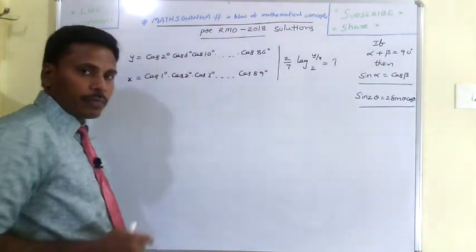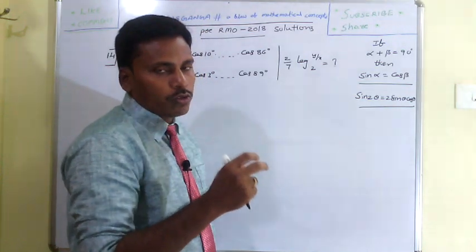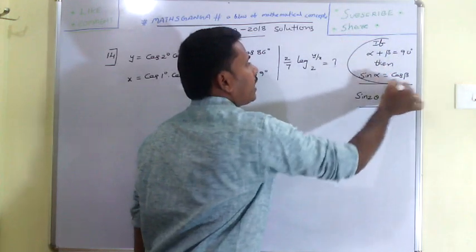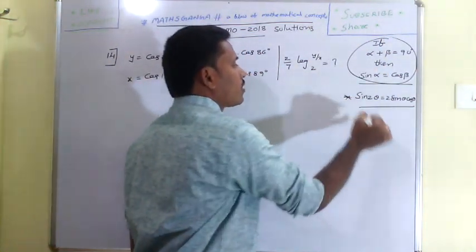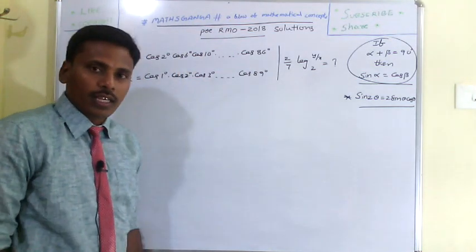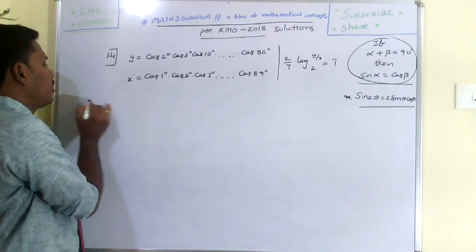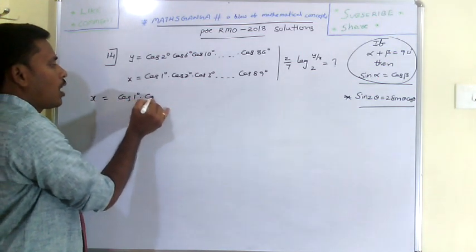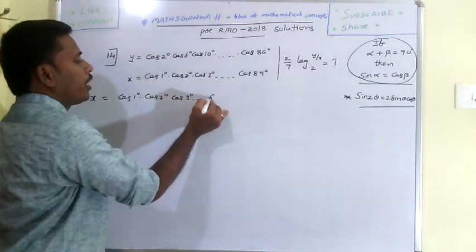For that purpose I am going to use two basic fundamental rules of trigonometry. The first one is, if alpha plus beta is 90 degrees, then sin alpha is cos beta, whereas the other one is sin 2 theta equals 2 sin theta cos theta. So what is x? x is given like cos 1, cos 2, cos 3, and so on.